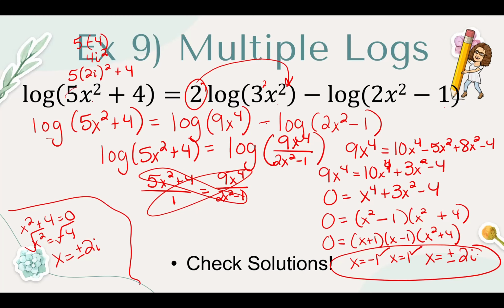Plus 4 doesn't work, right? Womp womp. And if I do a negative 2i, we're still going to get the same problem. So plus or minus 2i, even though it was so cool to use imaginary numbers again, are extraneous solutions, and also imaginary, I guess. But they do not work. We cannot use them. So negative 1 and 1 are our only answers to this problem.